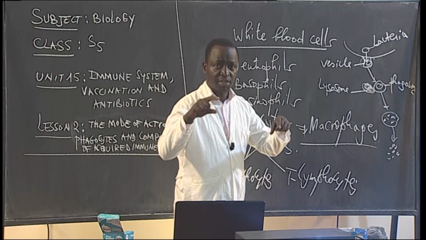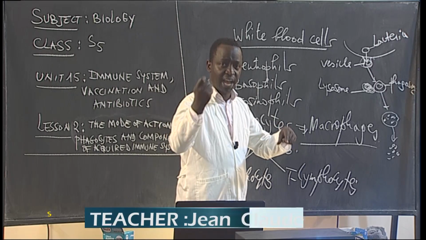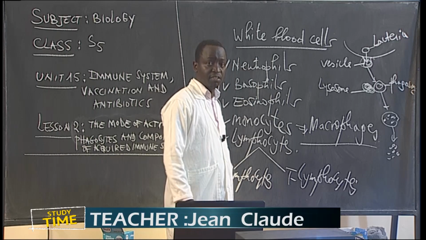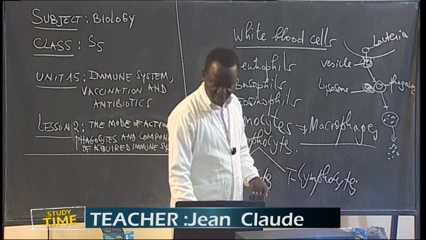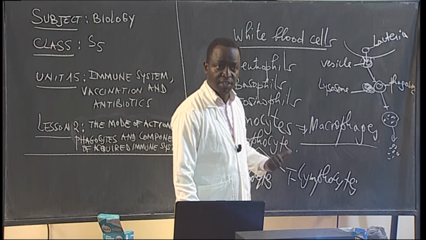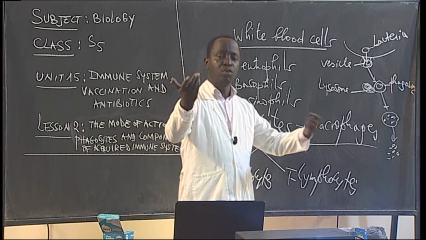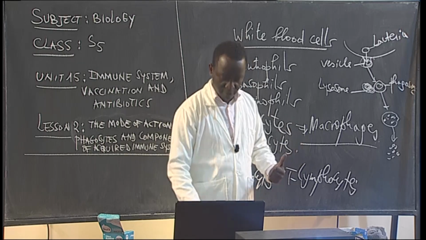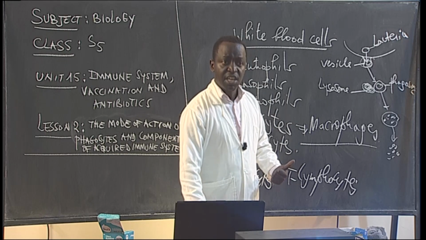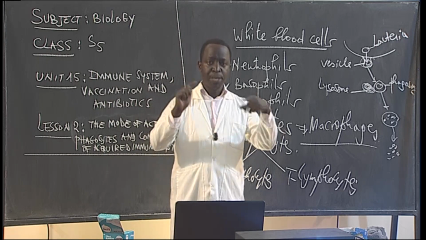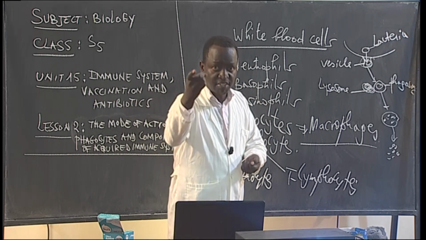When the humoral immunity is activated, it's going to activate this B lymphocyte. And once this B lymphocyte is activated, there is now secretion of antibodies. That's what we can have in humoral immunity. Not only that, we do have also this conversion of B lymphocytes into what? Plasma cells.